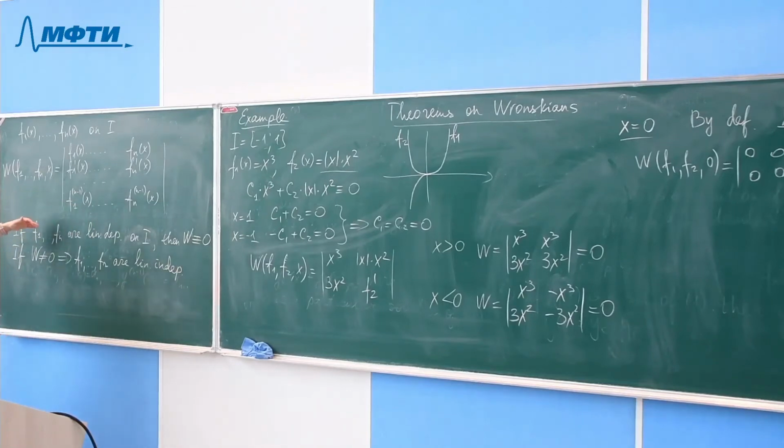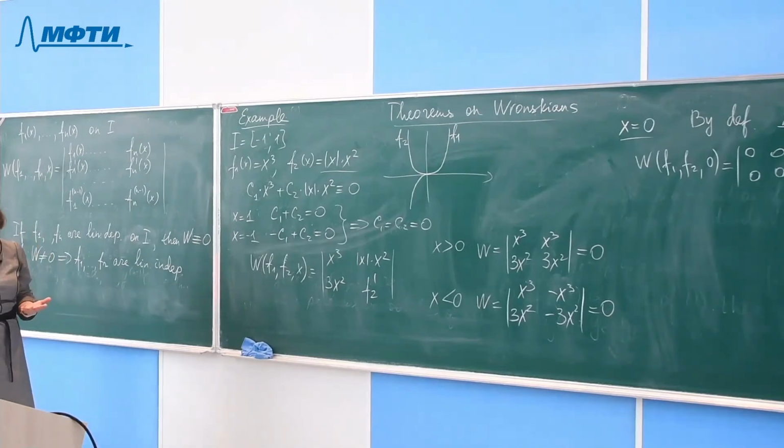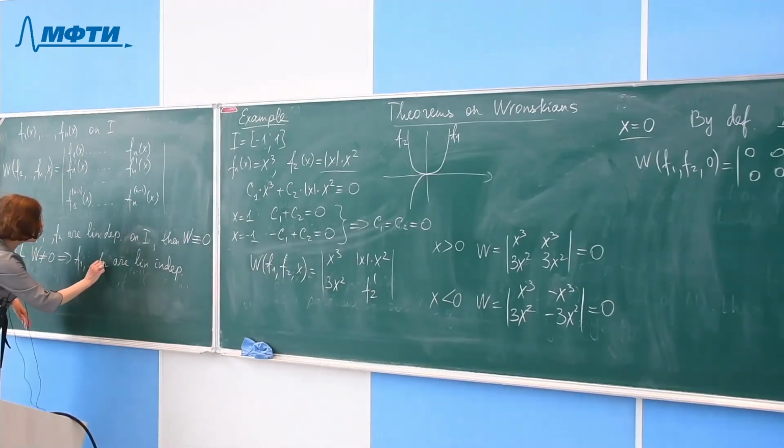So if A implies B, then it follows that the negation of B implies the negation of A, right? So, using logic, we get this statement.